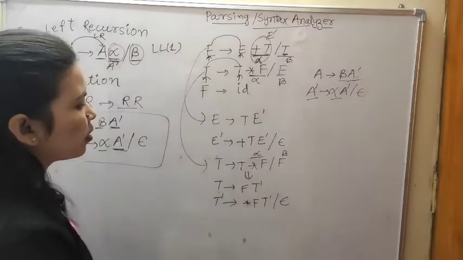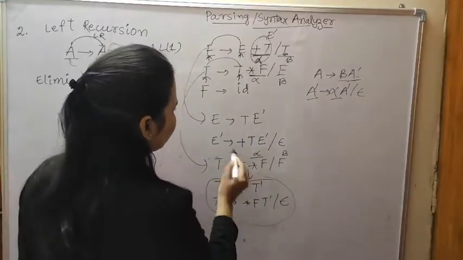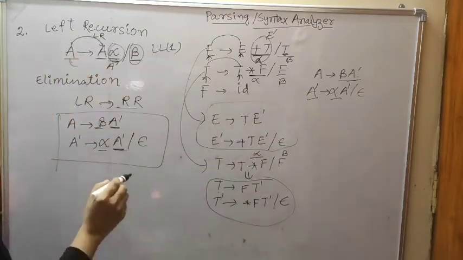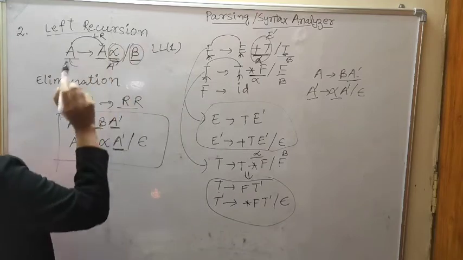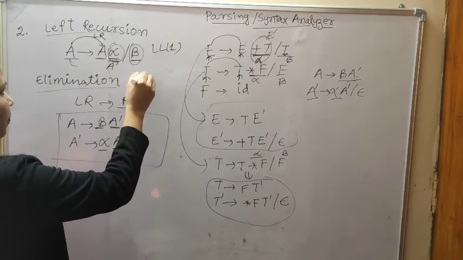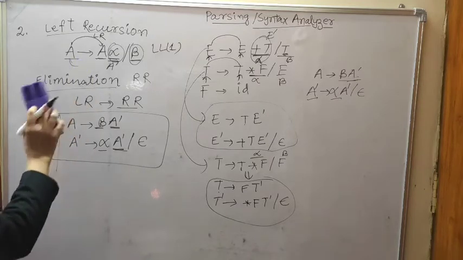This is the right recursive grammar. This part is right recursive grammar. This is also right recursive grammar. So this is how the left recursive grammar is eliminated by the right recursive. Okay, eliminated by the right recursive. And one more problem is given: backtracking. This is the left recursion.